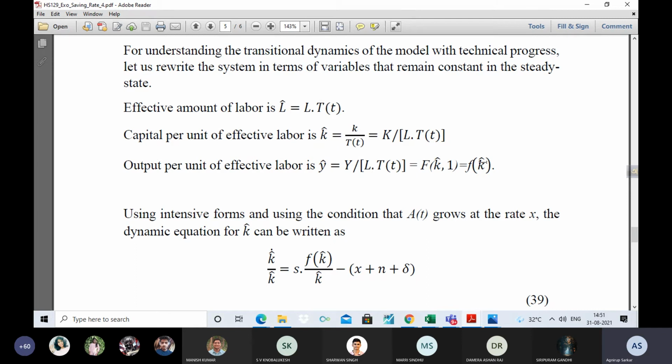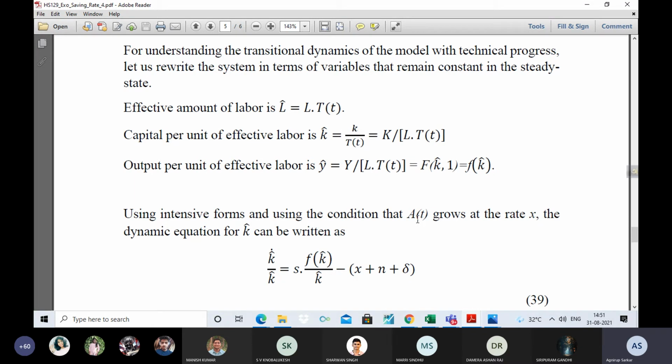So hence we can again write the production function in intensive form if we replace small y and small k by small y hat and small k hat respectively. If we proceed as we did before, when we derived the basic Solow-Swan model, we can now use the condition that A(t), earlier our technology, is growing at the rate x.